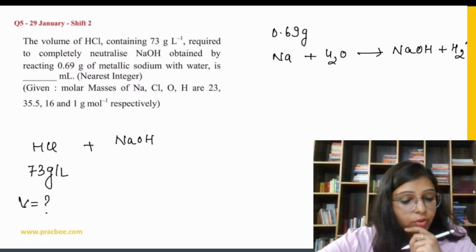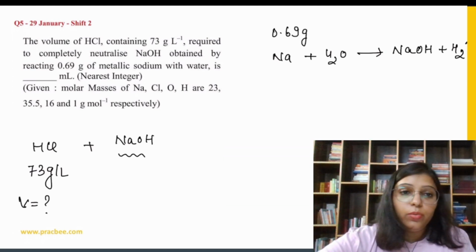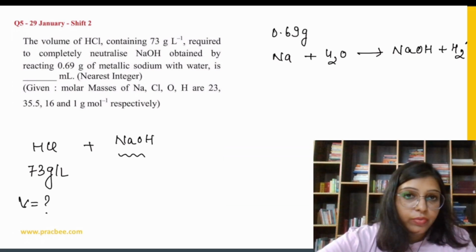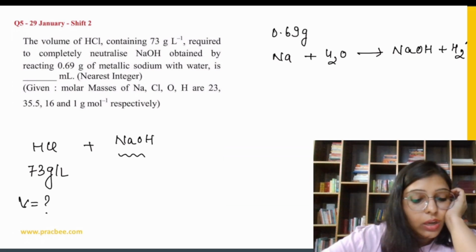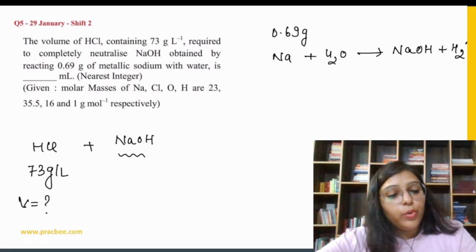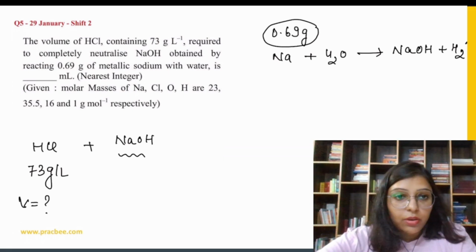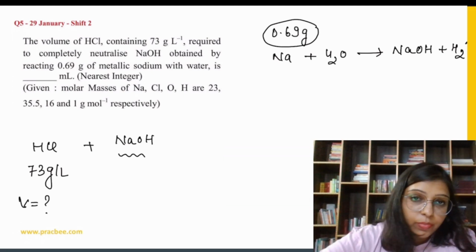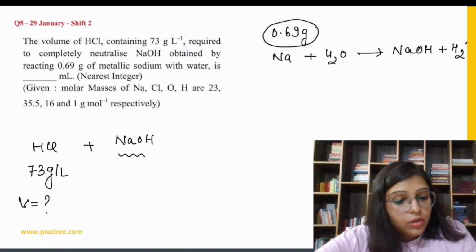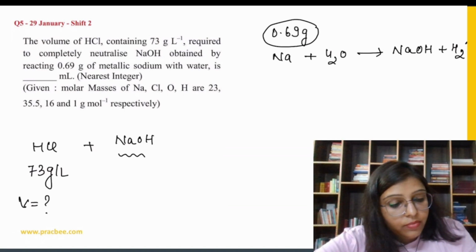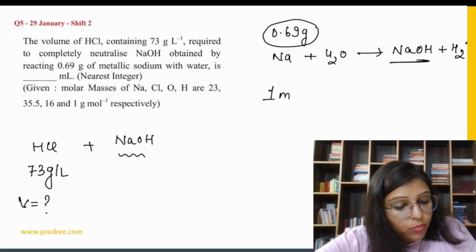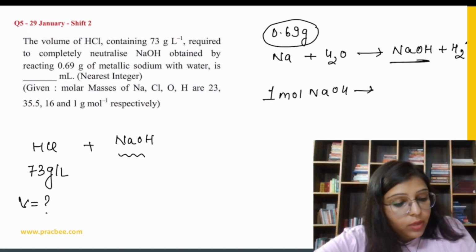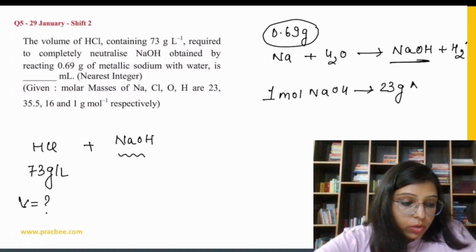So first of all, we have to find out the moles of NaOH. How to find out the moles of NaOH over here? See, 0.69 gram of Na. As per the law of conservation of mass, if we have 0.69 gram of Na and water is in excess, Na is going to convert into NaOH, and this is a complete reaction. So in 1 mole NaOH, we have 23 gram sodium.